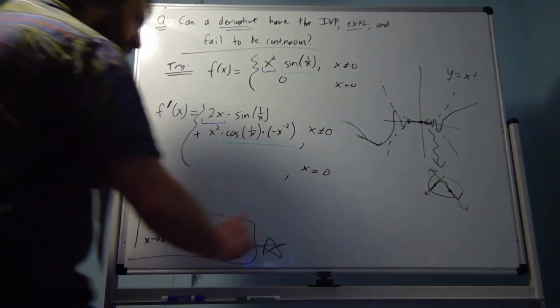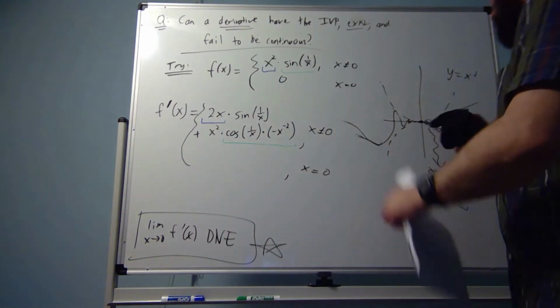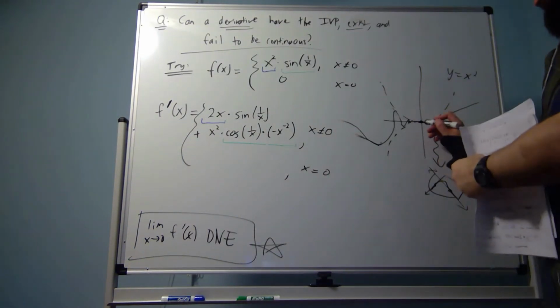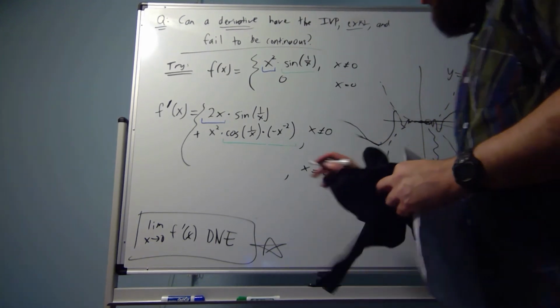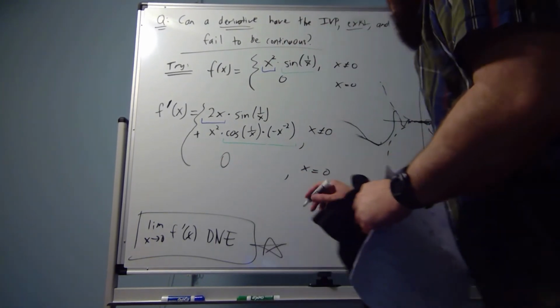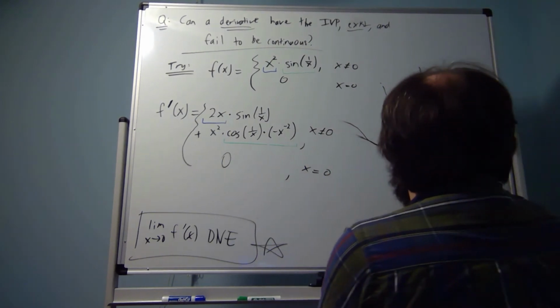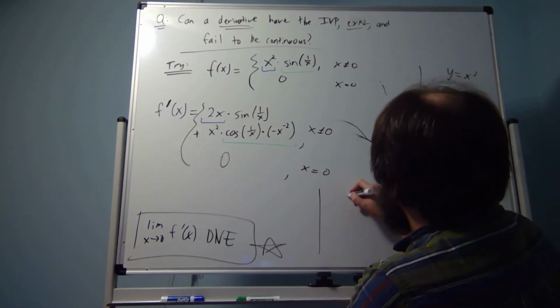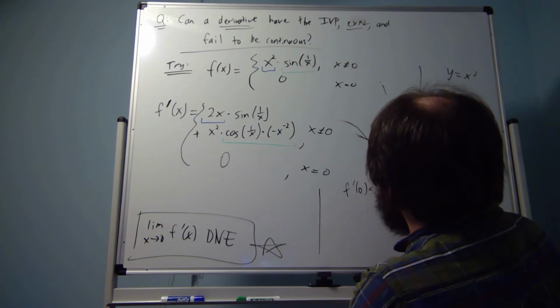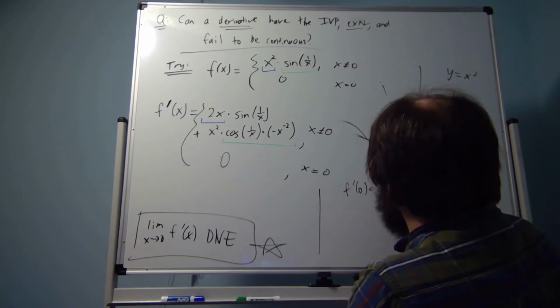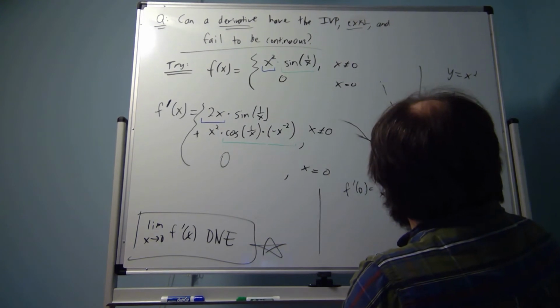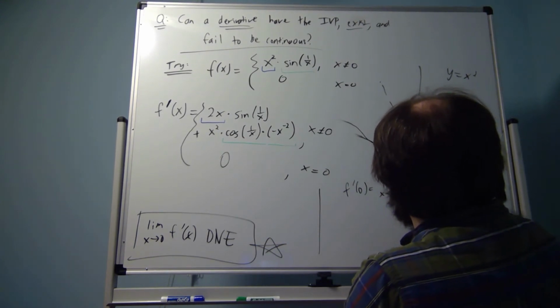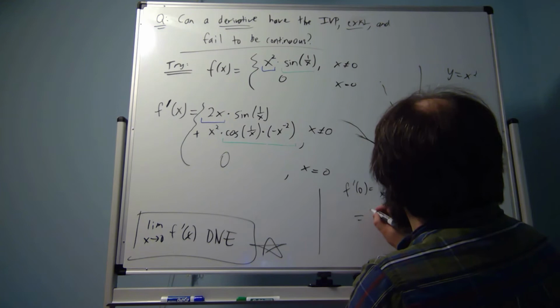Let's do this. I claim that we're squeezed between two parabolas, so we're going to get 0. But let's prove it. f prime of 0 equals, if this limit exists, the limit as x approaches 0 of f of x minus f of 0 all over x minus 0.